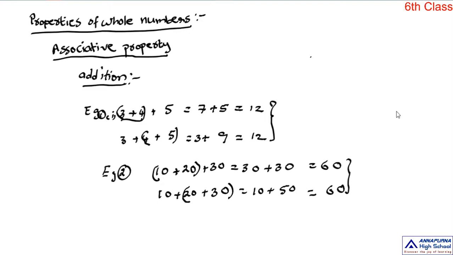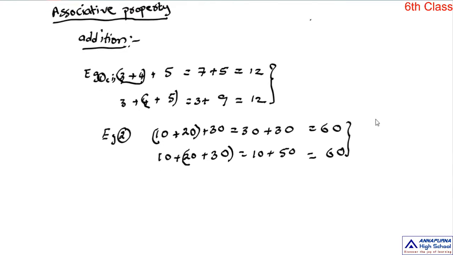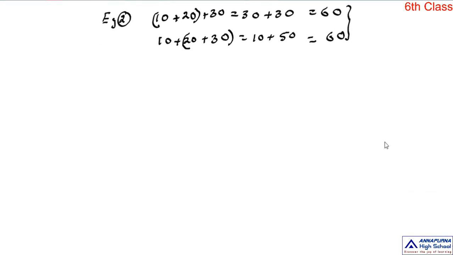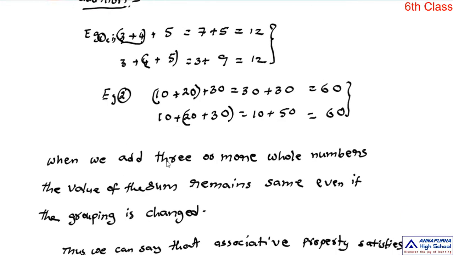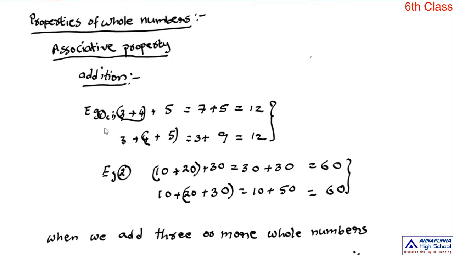That's why we can say that whole numbers satisfy associative property under addition. Here, when we add 3 or more whole numbers, the value of the sum remains same even if the grouping is changed.